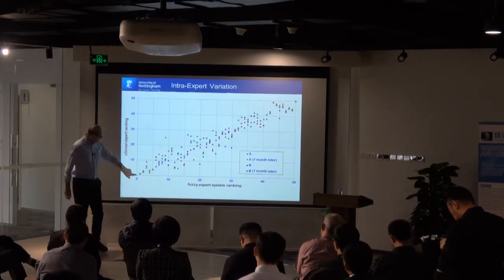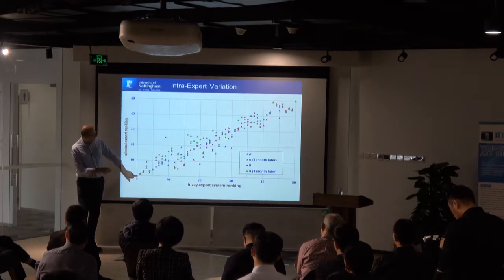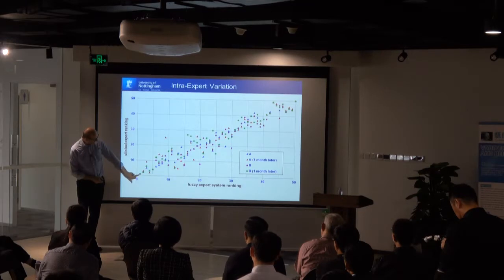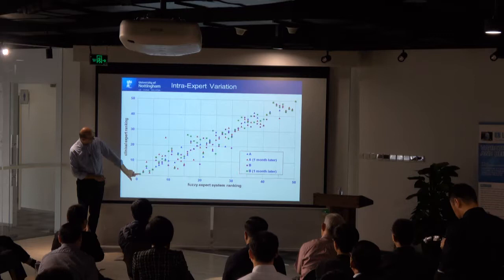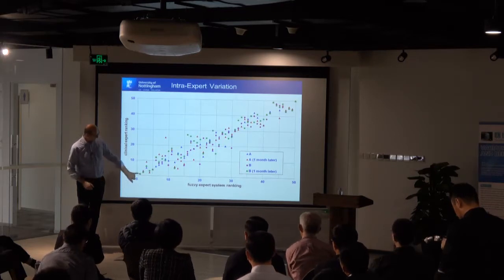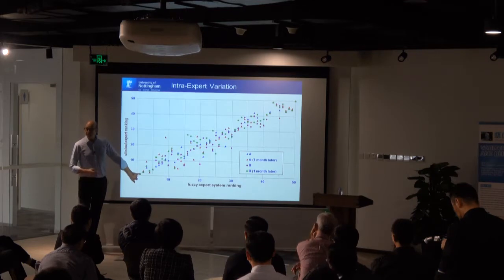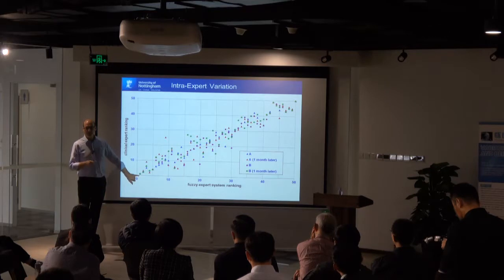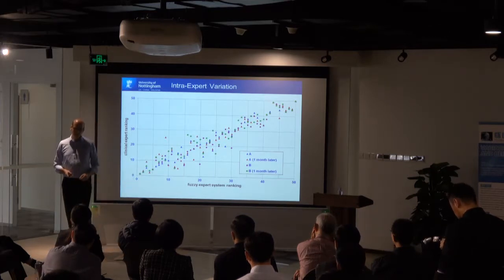So now I've done the same sort of graph with A and B. On baby number 1, there are 2 circles on top of each other, B and B 1 month later, and 2 triangles on top of each other, A and A 1 month later. Again, they both agreed, both times, that baby number 1 was the sickest baby, as agreed with the expert system.